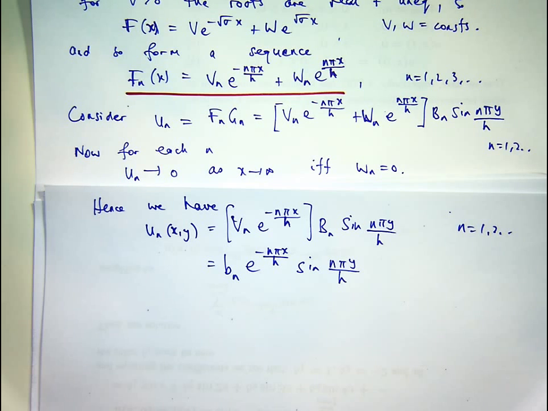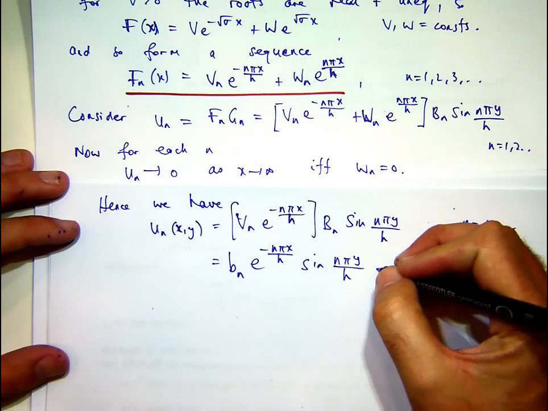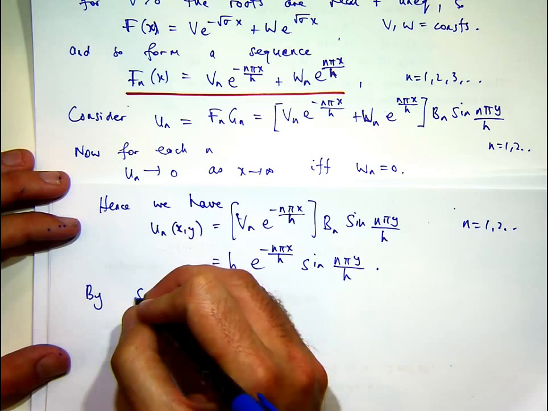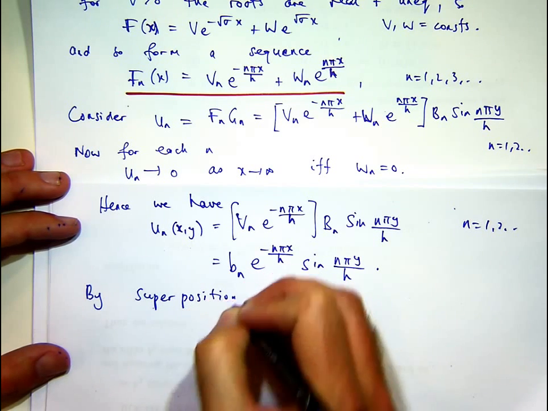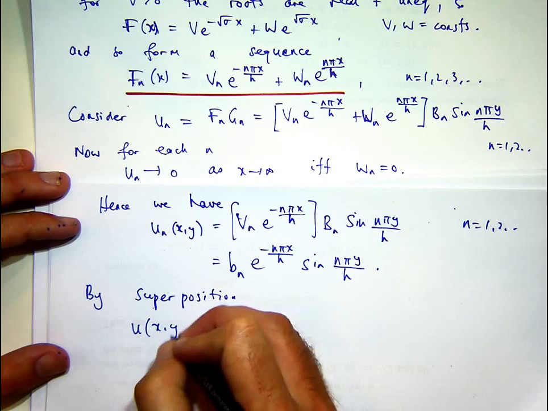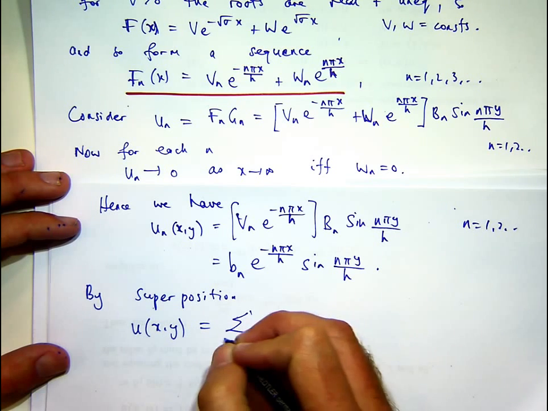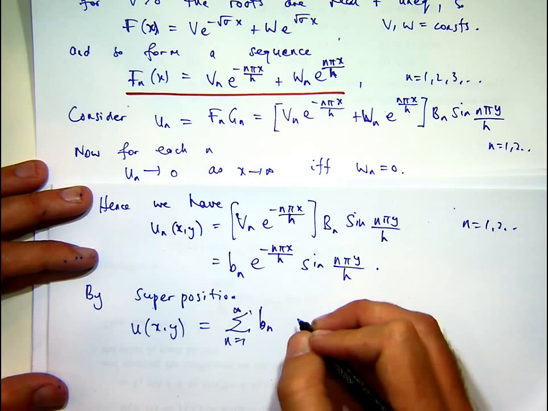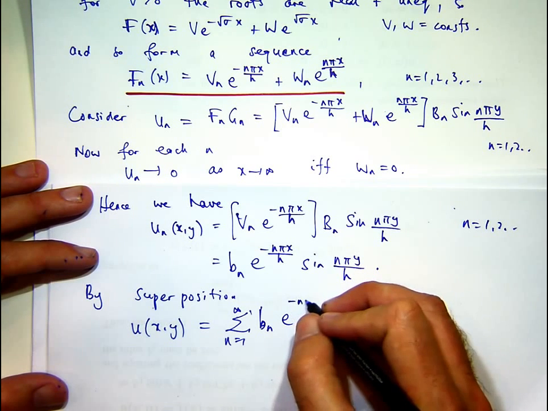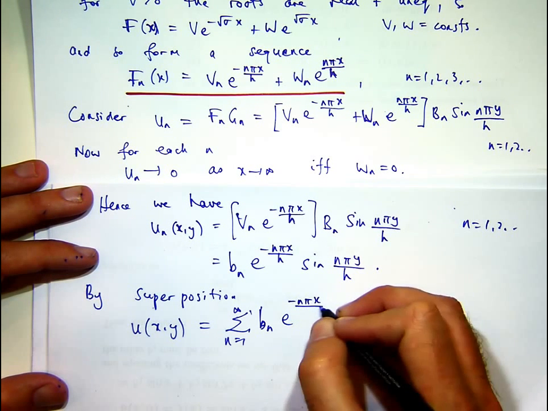So by superposition, we take our sequence and we sum them all up over the n's in this case.